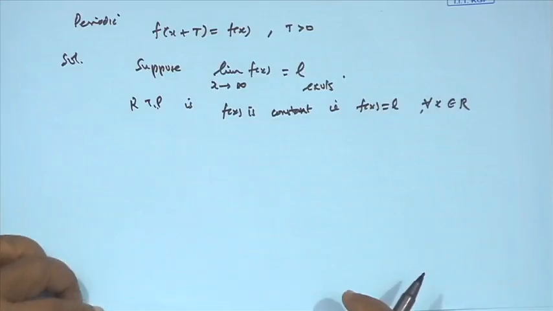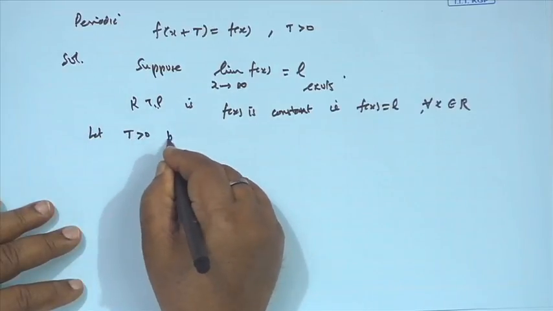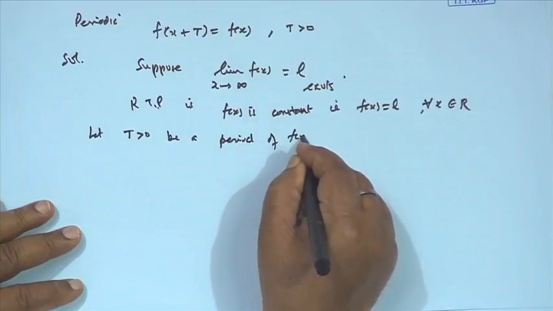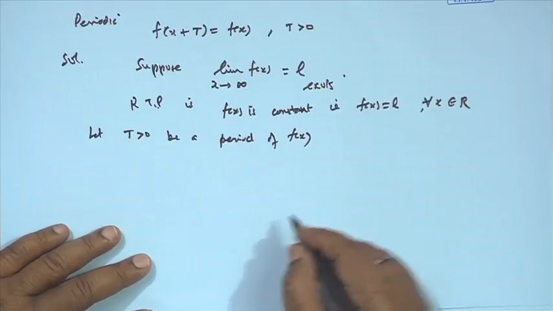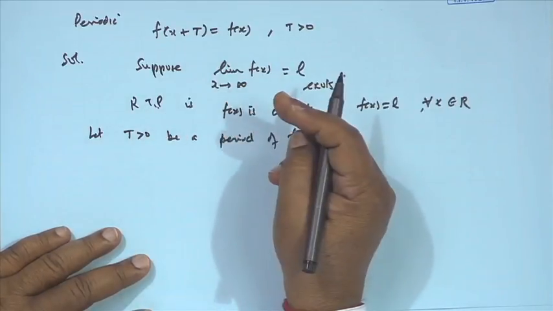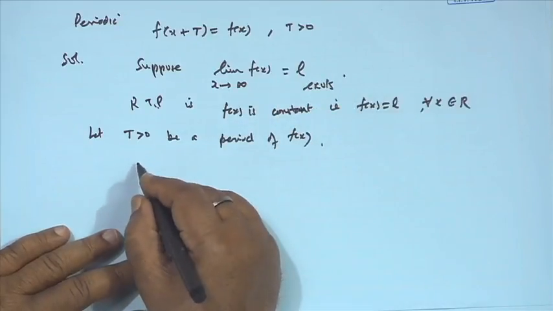So let T greater than 0 be a period of the function f(x). Then f(x + T) = f(x), and f(x + nT) will also be f(x).